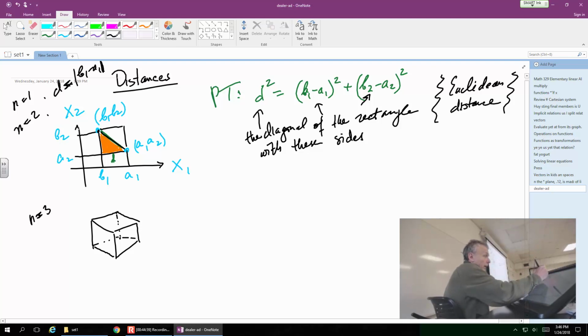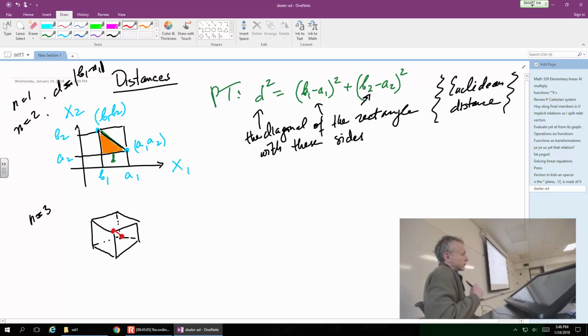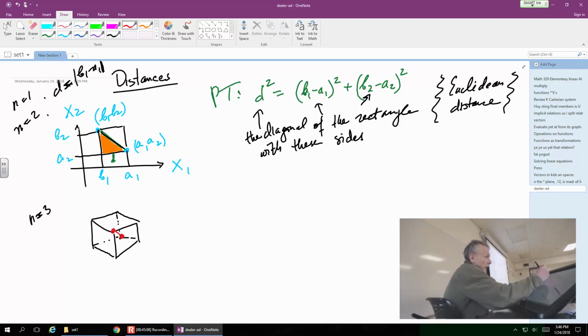We want to know the distance between these 2 points, like this. Okay, so each point is represented by coordinates. So this one is A1, A2, A3, and this one is B1, B2, B3.